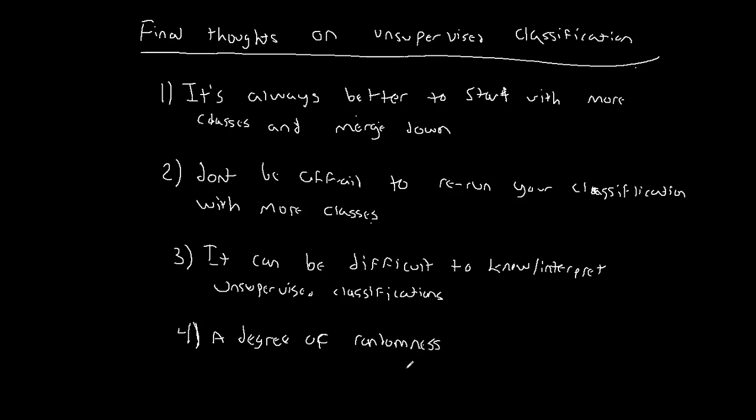Where you can imagine if you run it once with one set of random cluster centers, and then you run it again with a different set of random cluster centers, right? Your results might change. And depending on the nature of your data set and the things that you're interested in trying to pull apart, it can vary quite a bit. And so there is this degree of randomness. And again, that's not to be confused with repeatability, right?